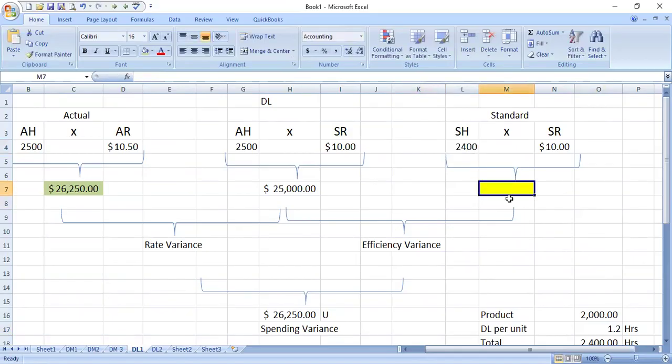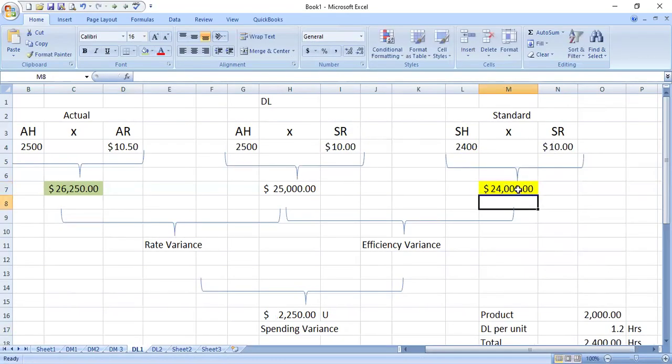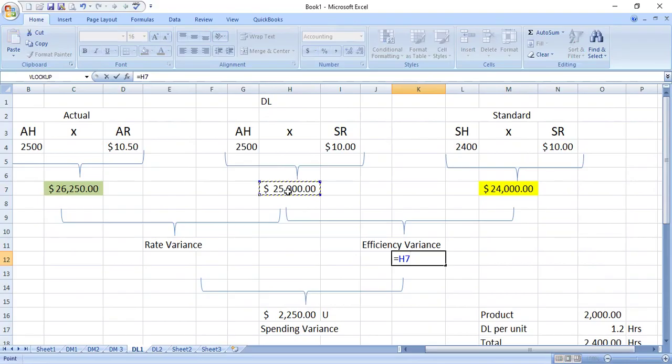And I have my last number for my calculation, which will give me the standard cost. My standard cost to produce 2,000 units for the direct labor should be $24,000. If I'm supposed to spend $24,000, in reality, based on the hours only, I'm spending $25,000. How much more am I spending? Obviously, that will be $1,000 more. Is that favorable or unfavorable for me?